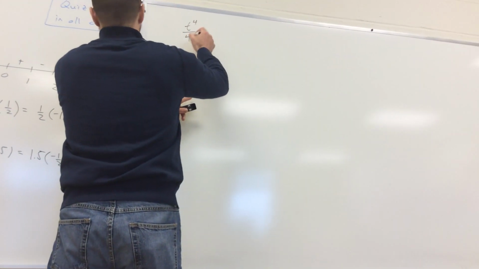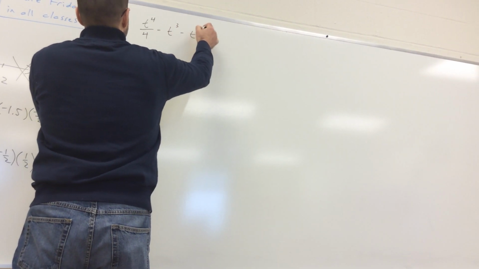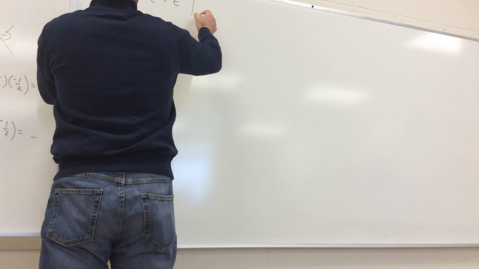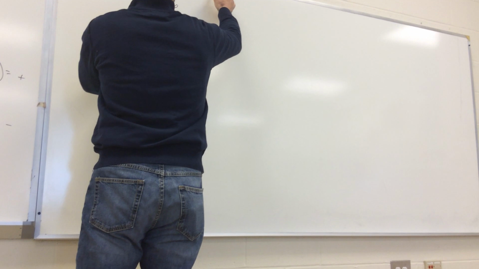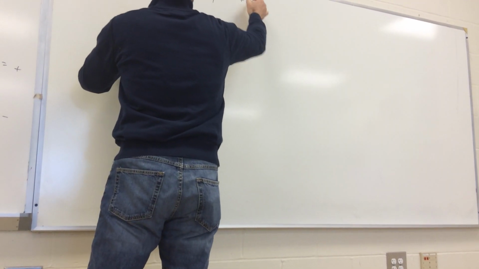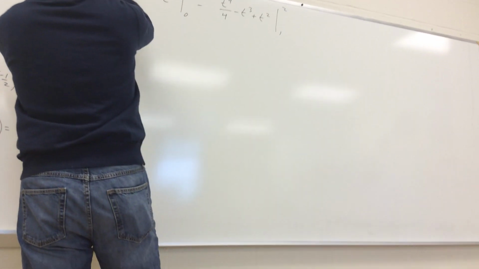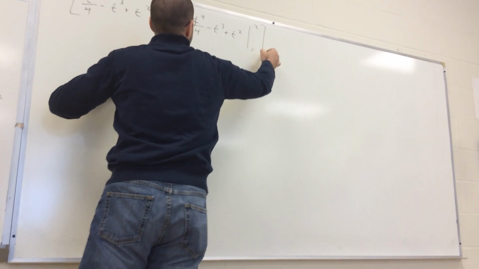Okay, so the antiderivative is t to the 4th over 4 minus t cubed plus t squared. And I'm going to do 0, 1 and subtract. And then I'm subtracting that other part, which has the same antiderivative, from 1 to 2. So I've got this mess minus that mess.